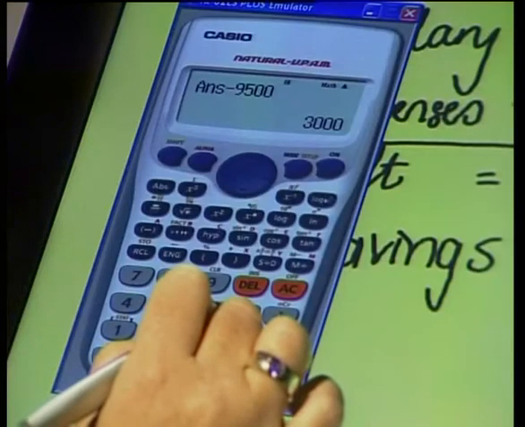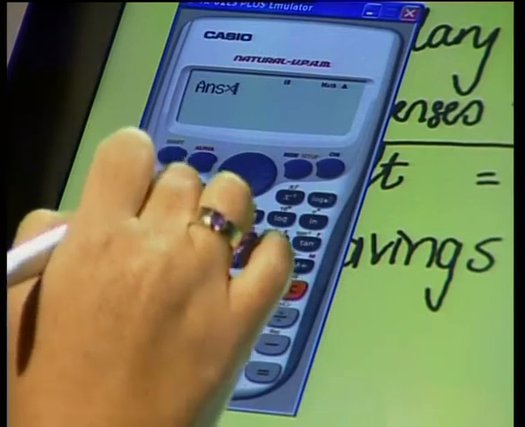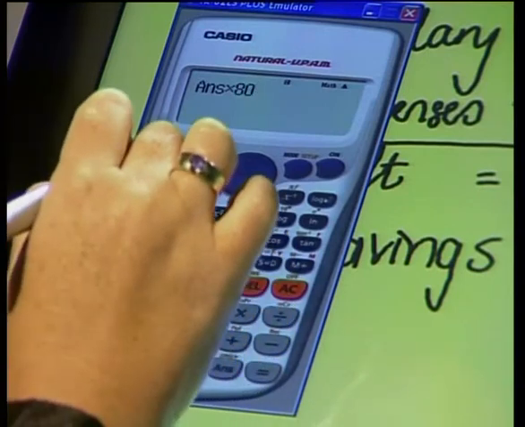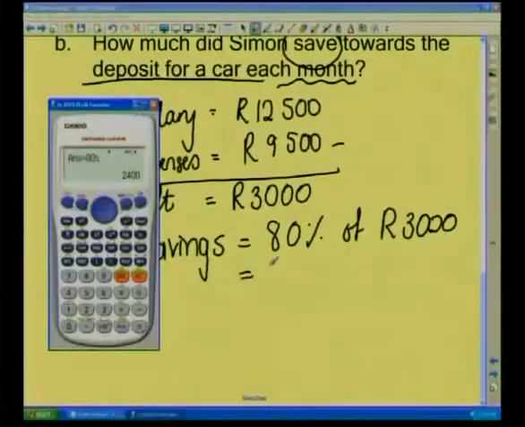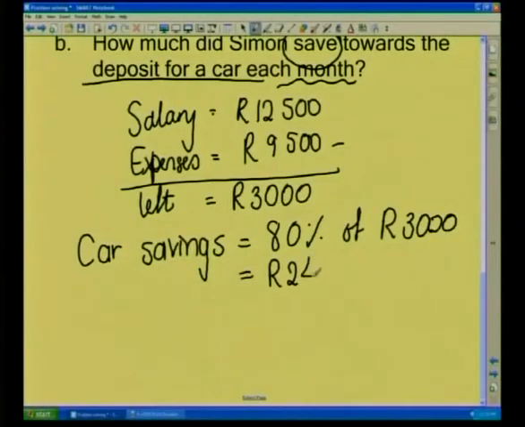So 3,000 times 80% is equal to 2,400 Rand. So he saves every month 2,400 Rand towards a deposit for his car.